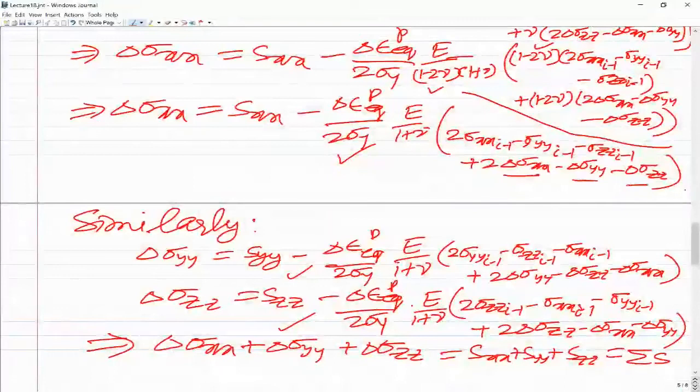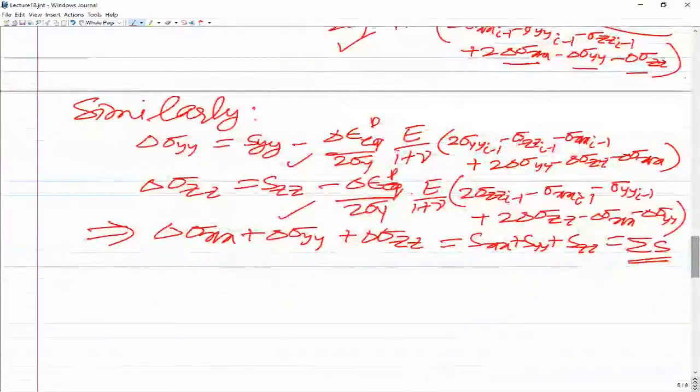But if I subtract and add delta sigma xx, we will have 3 times delta sigma xx minus delta sigma xx minus delta sigma yy minus delta sigma zz. In place of minus delta sigma xx minus delta sigma yy minus delta sigma zz, we can write minus sigma s, and then we can solve that equation for delta sigma xx. So that is what will give you the result.